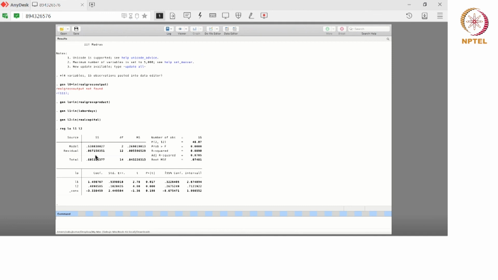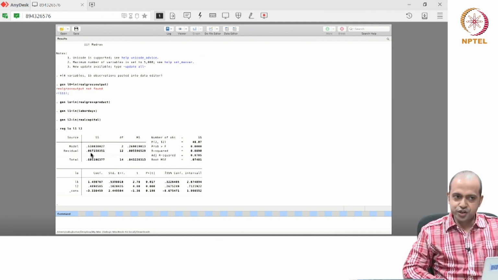The value is 0.0671. This would become your RSS UR. Then you have to estimate the restricted RSS, and how will you do that? Again you have to convert your dependent variable into the output labor ratio and the independent variable into the capital labor ratio, simply using the gen command.